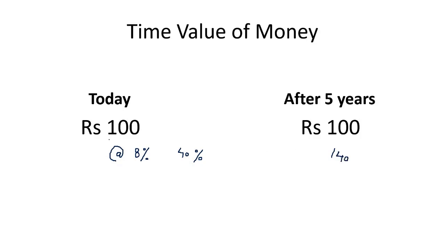So this 100 rupees becomes 140 in case you earn 8% per annum simple interest, which is basically 40% growth in your money. This is also called future value, denoted by FV.